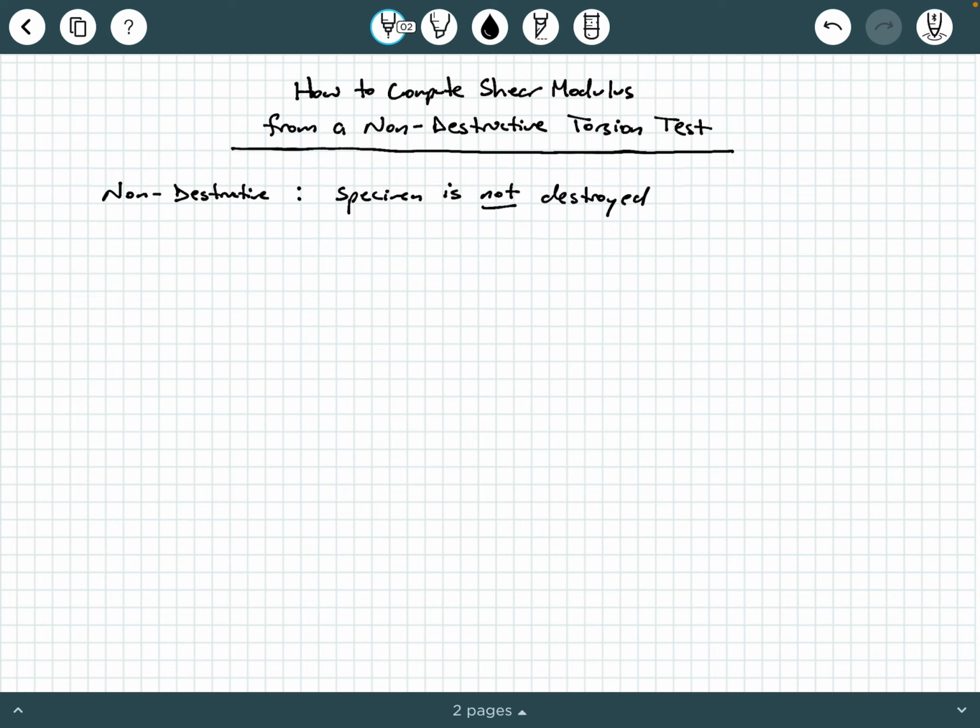Now, how do we do that? Well, step one, we obtain a shaft specimen and measure its diameter and length. Typically, to perform a non-destructive torsion test, you're going to have a circular shaft specimen.